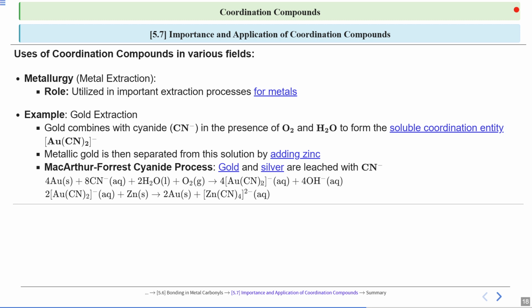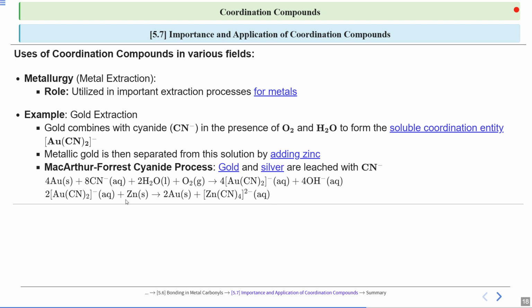Now, when you add zinc to this complex, you get the metallic gold plus Zn(CN)4 whole 2 negative, the complex that you get as a side product.